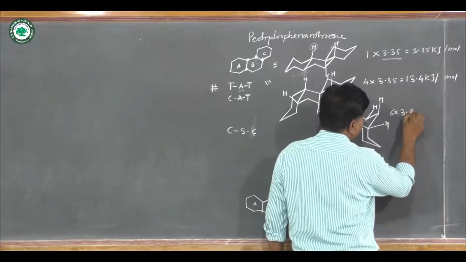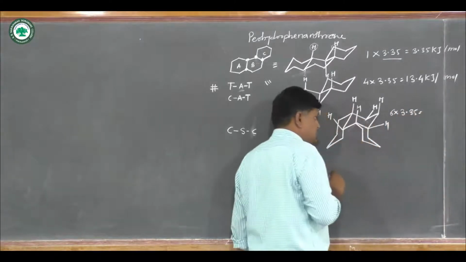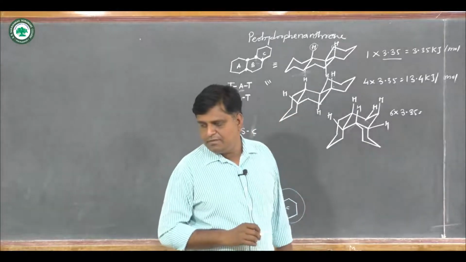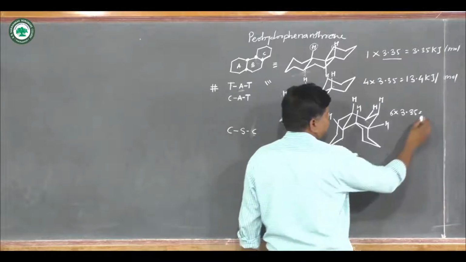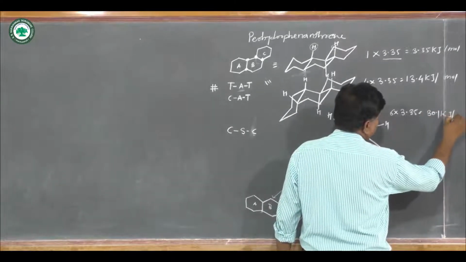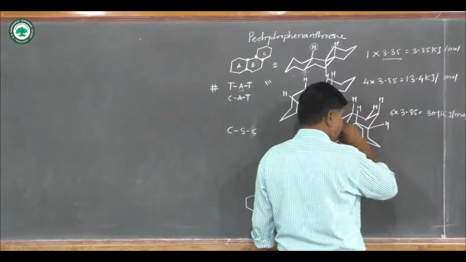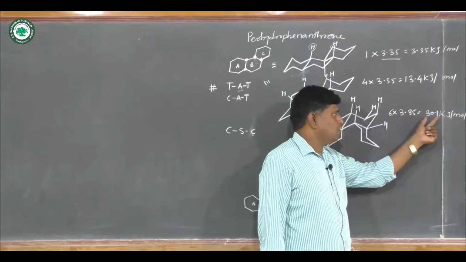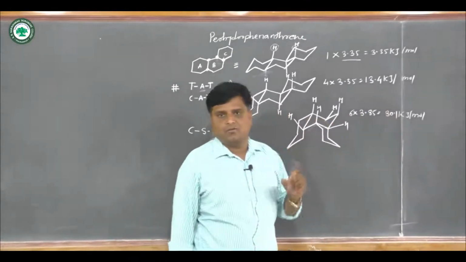Six times 3.35. So what is the total energy? That total energy is nothing but 30.1 kilojoules per mole. Okay, and here the calculated energy for this is not actually equal to 30.1.